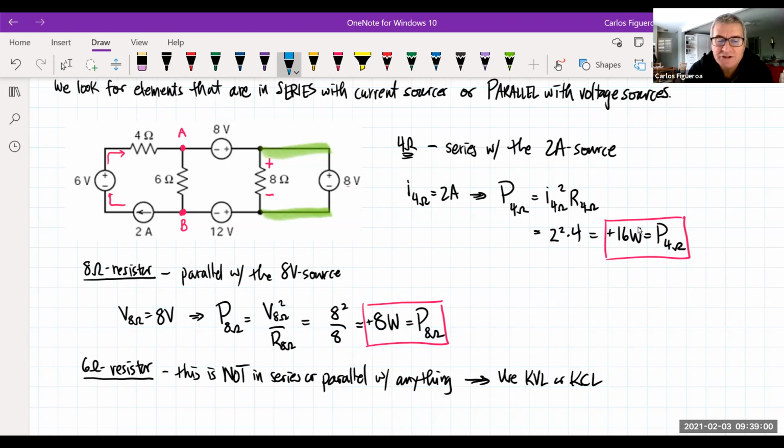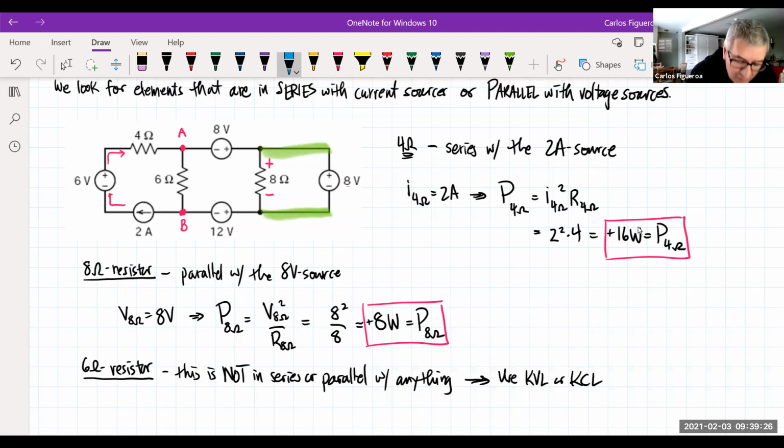Do we know which direction the current's going to go through the 6 ohm resistor? The answer is no. We have no idea. So what happens is that you start by giving the voltage across the 6 ohm resistor some polarity, and then KVL is going to dictate what happens. And it will tell you whether it's positive or negative.